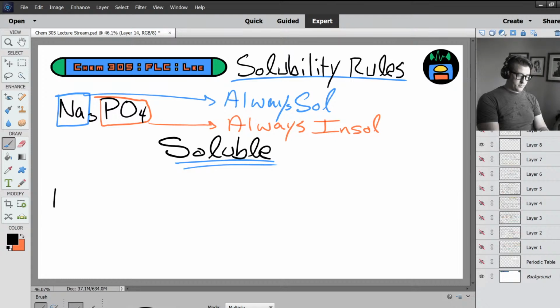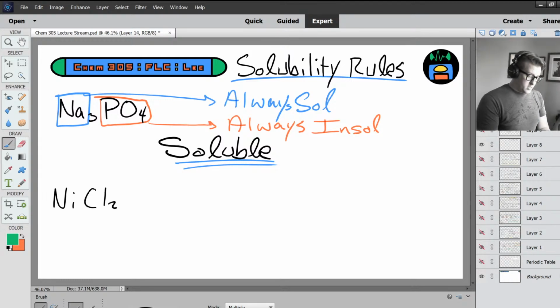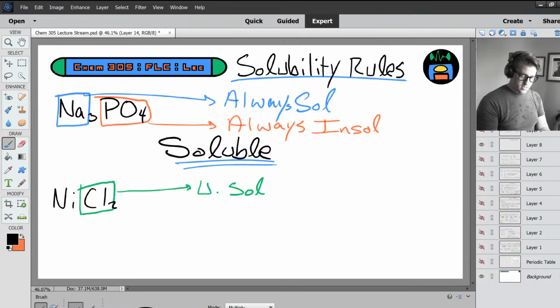All right, let's look at another one. Let's do nickel 2 chloride. Again, we don't know anything about nickel. That just means look at the other ion. Chloride is usually soluble, and it is insoluble when paired with silver, lead 2, and mercury 1.